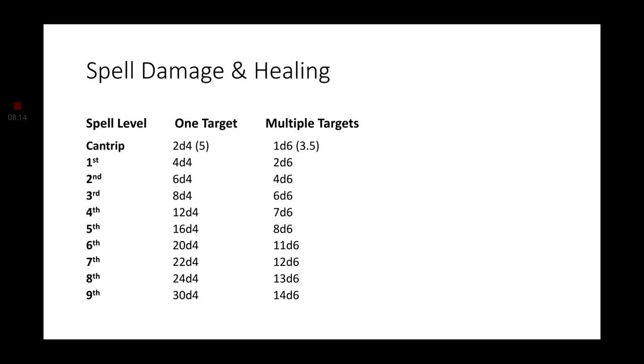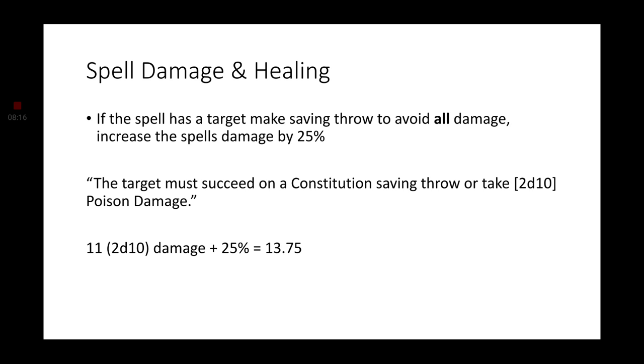Now, there is another thing to consider as well, and that is if the spell has a target make a saving throw to avoid all of the damage that the spell would cause, you should increase the damage of that spell by 25%. The example I'm going to use here is the following.